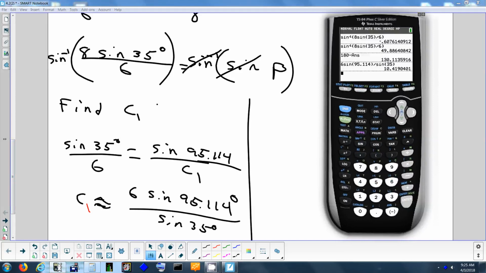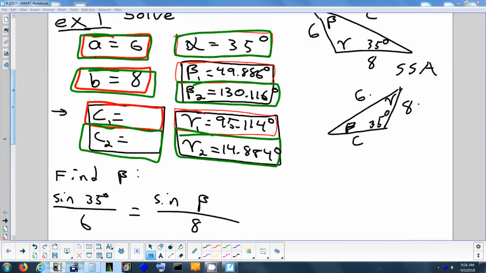You should get about 10.419. If you had 10.42, 10.44, that's fine. If you had like 10.7, that's too far off. If you had like 10.1, that's too far off. Anything around 10.41, 10.42, 10.4, that would be fine. Any questions on that? Okay, so that's C1.